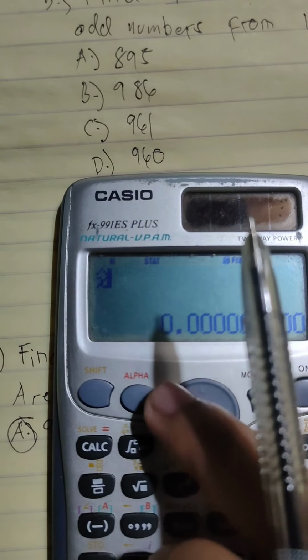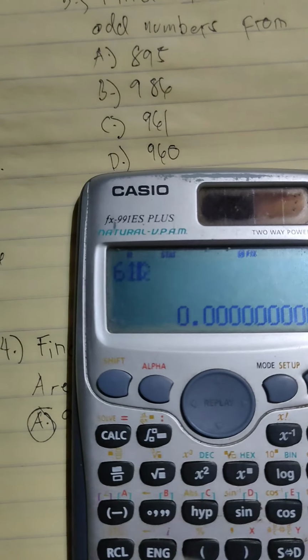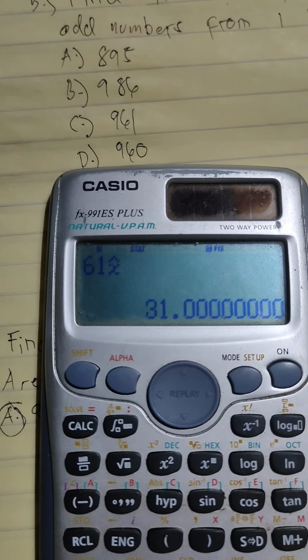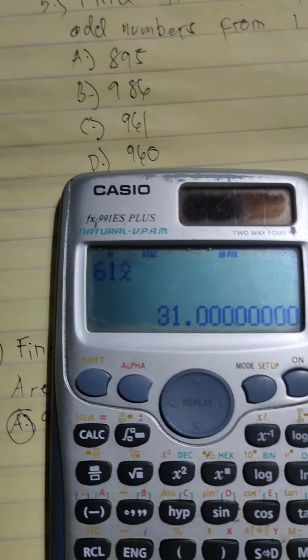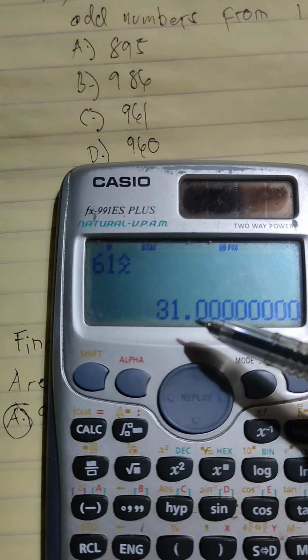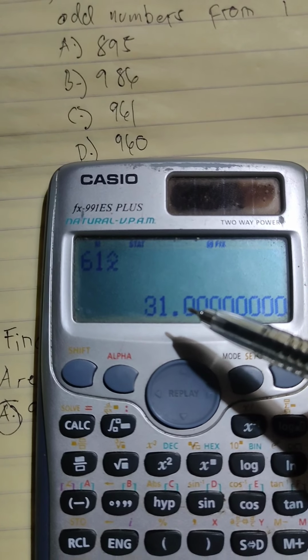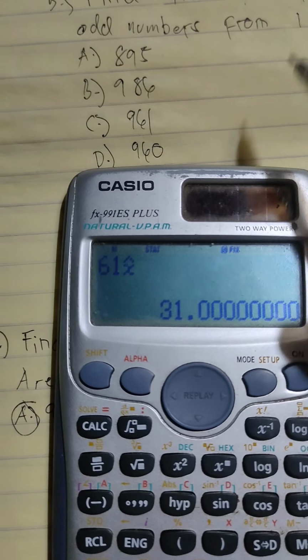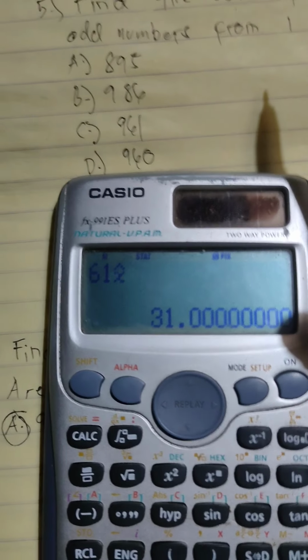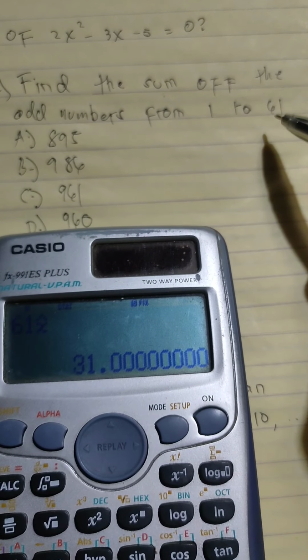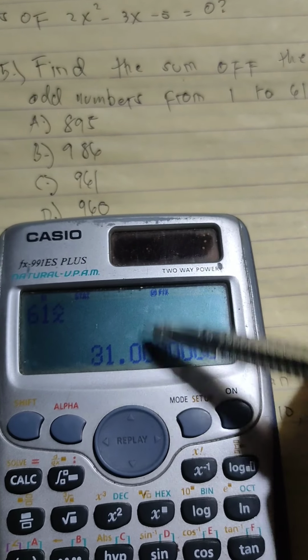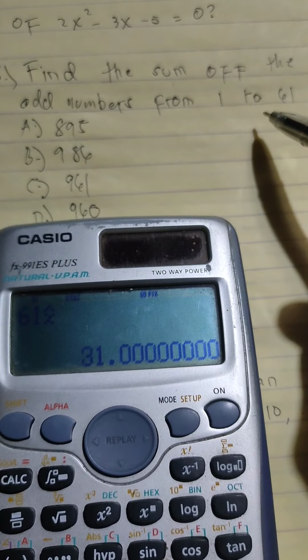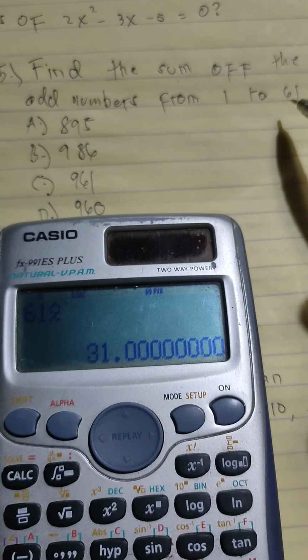So we will write 61. So the 61 is the 31st term of the odd numbers. So the 61 is the 31st term of all the odd numbers from 1 to 61.